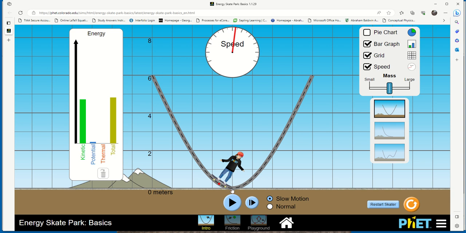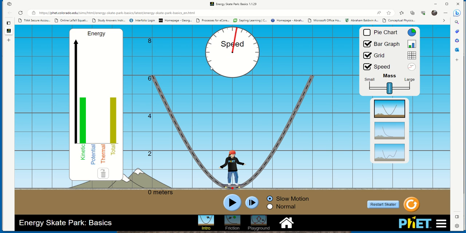And I know that when he's at the low point, his height should be 0. So I want to make sure that the blue bar indicating the potential energy is completely gone. Right there. And I could probably go one more. So right there, his height is 0, meaning he has no gravitational potential energy. And I want to get his speed from the speedometer.